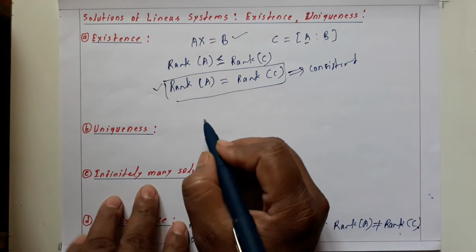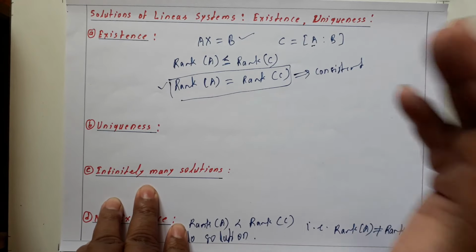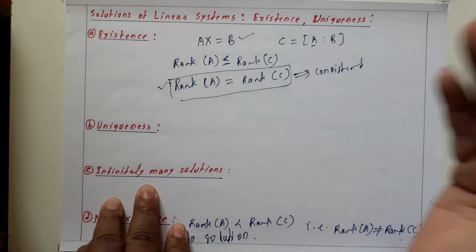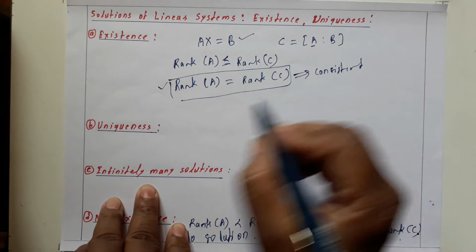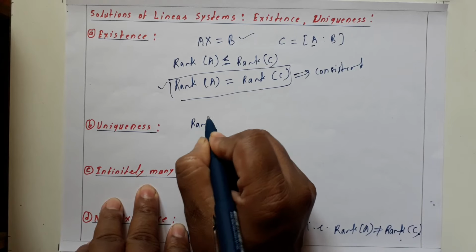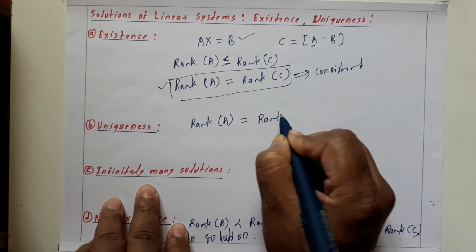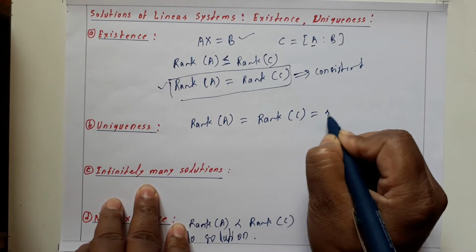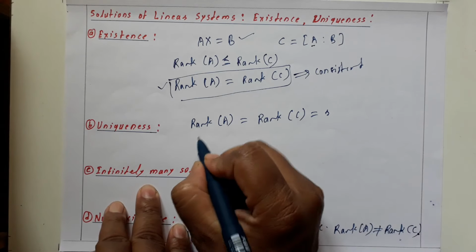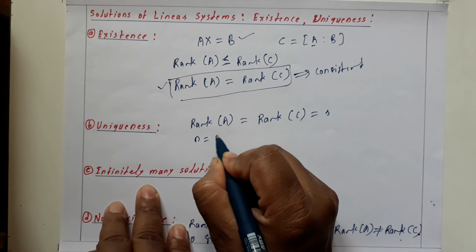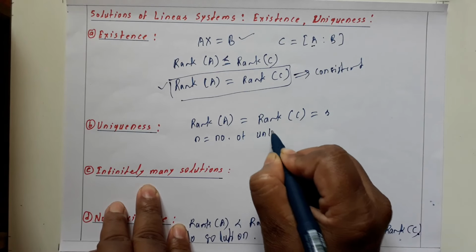Now if rank A equals rank C, means the system is consistent, means the system has one or more solutions. Now the common rank, rank A is equal to rank C, is equal to R, means the common rank is denoted by R, and n is equal to the number of variables or unknowns.